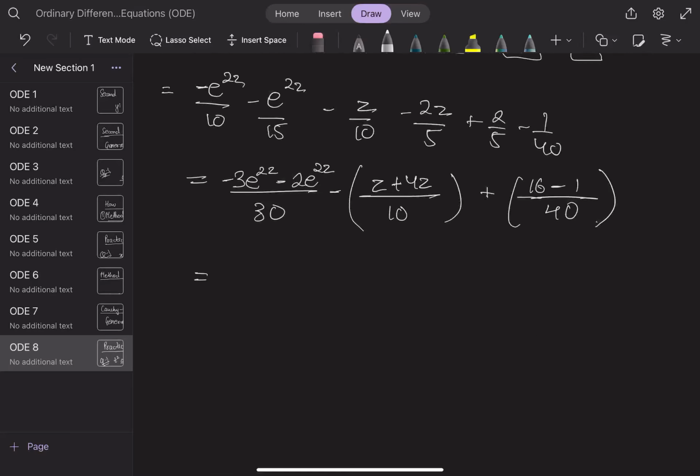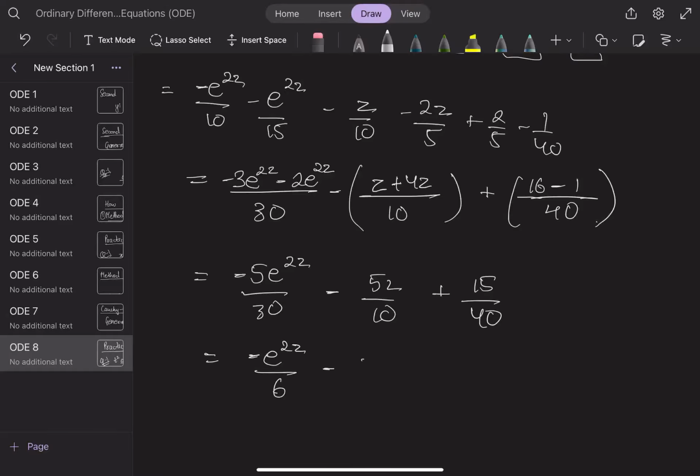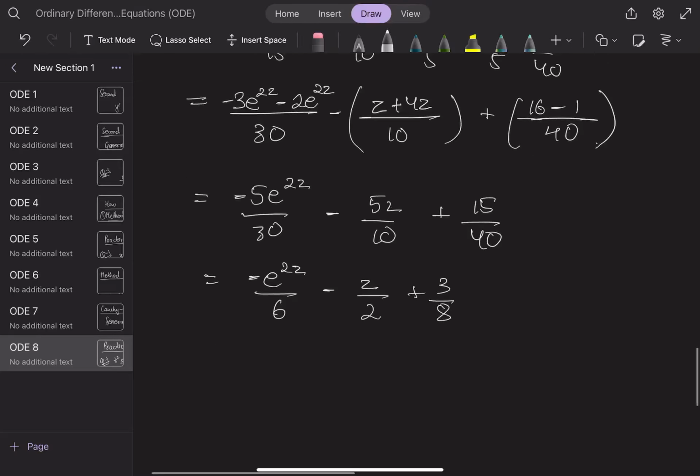So this becomes minus 5e raised to 2z by 30 minus 5z by 10 plus 15 by 40. So this is minus e raised to 2z by 6 minus z by 2 plus 3 by 8. So this is the value of your xp.